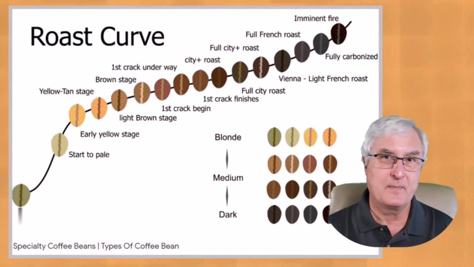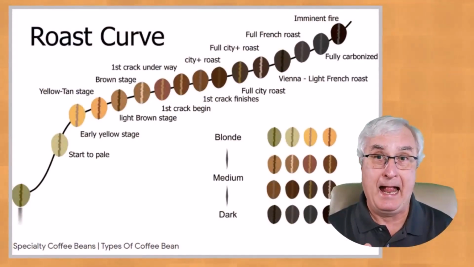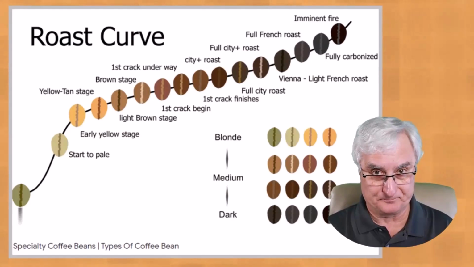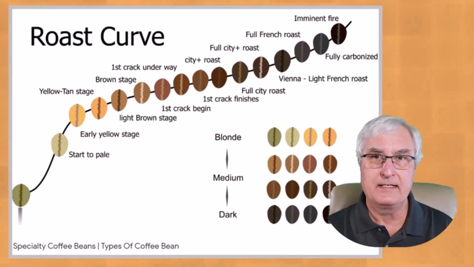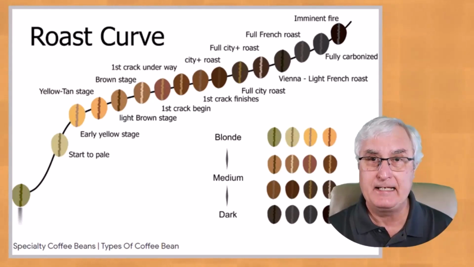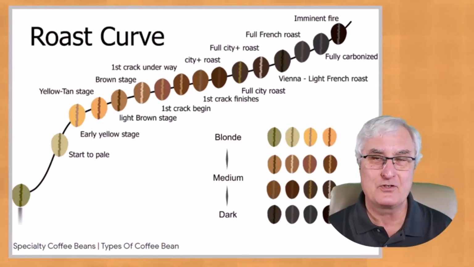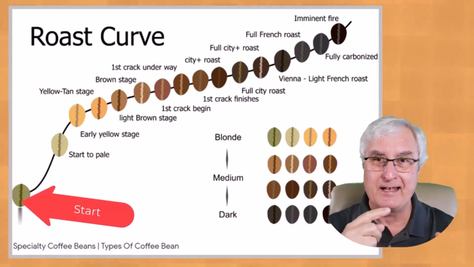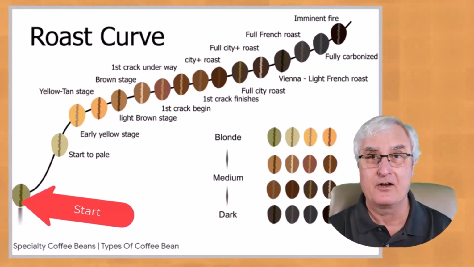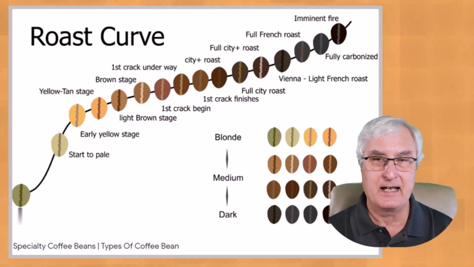So let me go through the phases of roasting coffee, which I thought you might find interesting. I usually roast my coffee at about half a pound at a time. Now, the time that it takes to do a batch of roasting is around 12 minutes. So when I heat the machine up and put the coffee in the roaster, it's going to turn around as there's a heat source in there that heats the beans up.